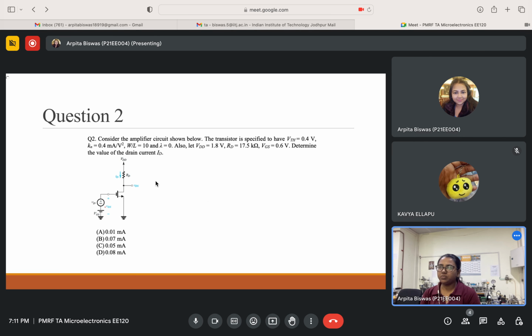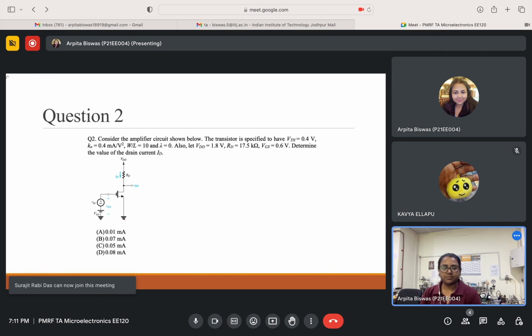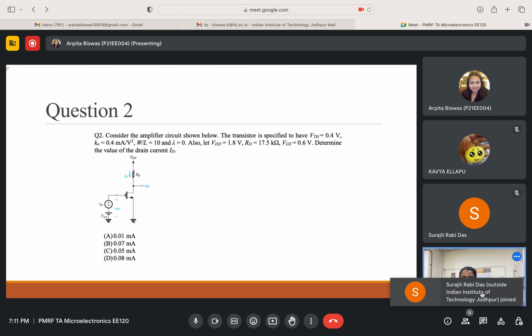Kn value is given, W by L is given, lambda here is 0, it means the channel length modulation effect is not here. At least try.